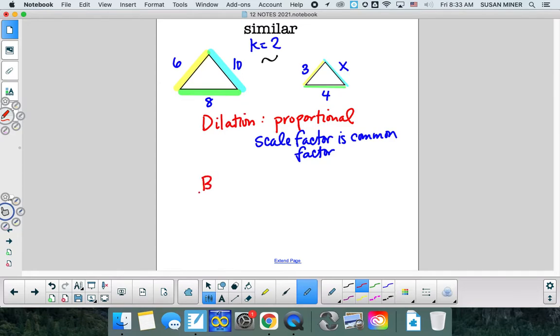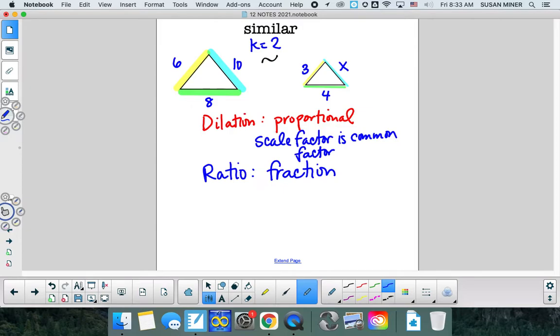I could set up a ratio. And remember the word ratio, let's put that in here as the word ratio is just a fraction. And what a ratio helps me do when things are proportional is it will help me figure out what the scale factor was. So let's say I didn't know what the scale factor was.